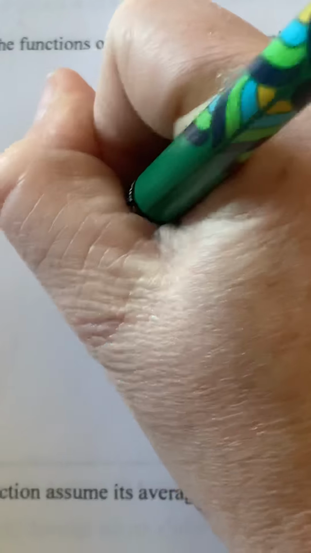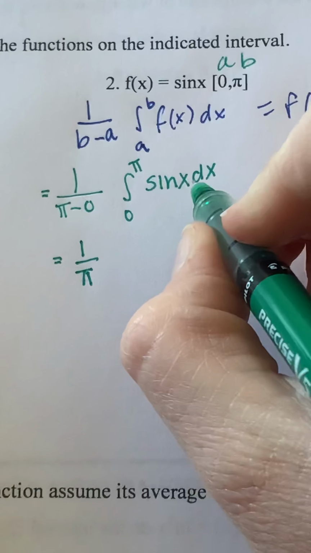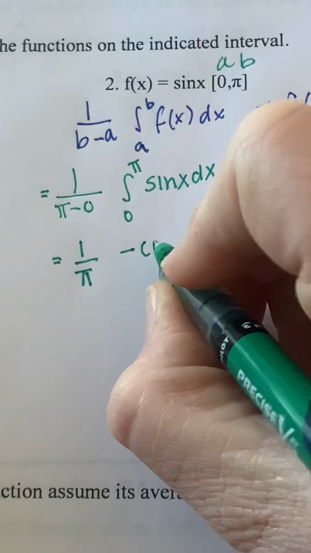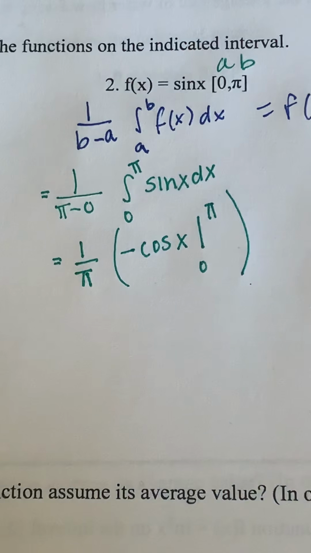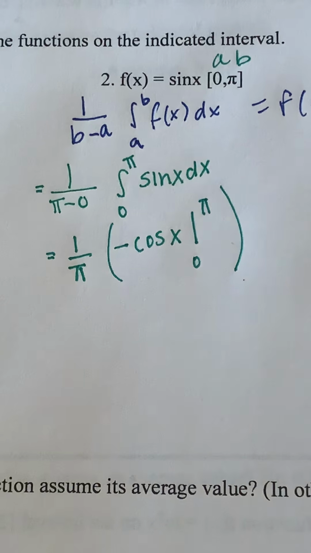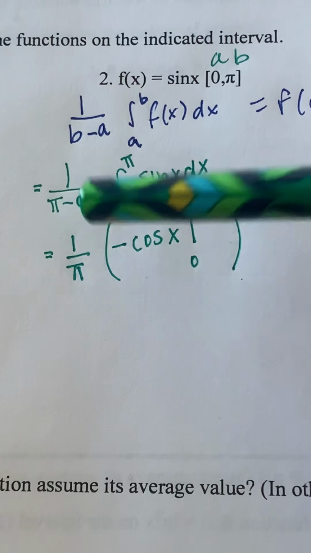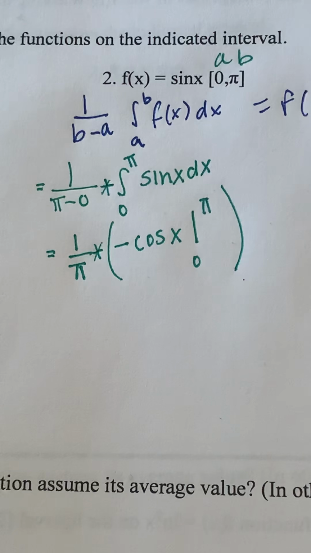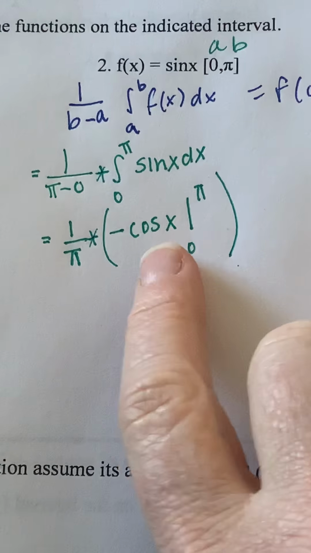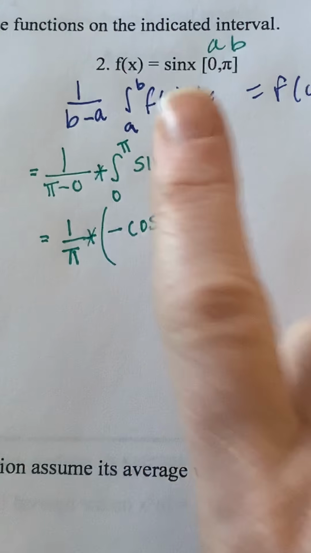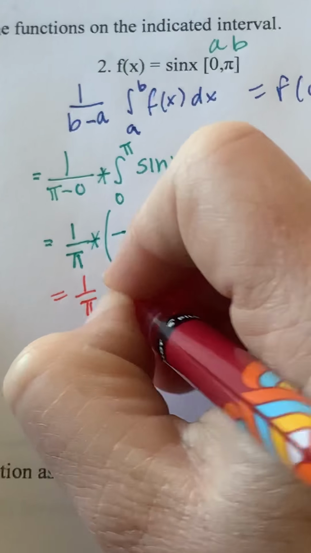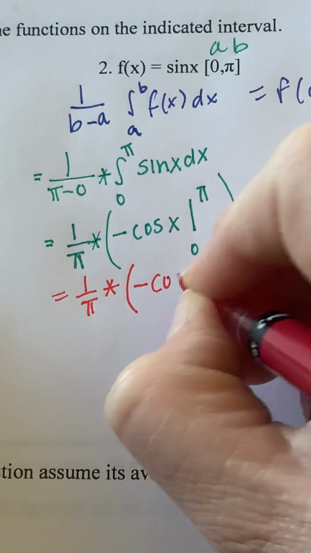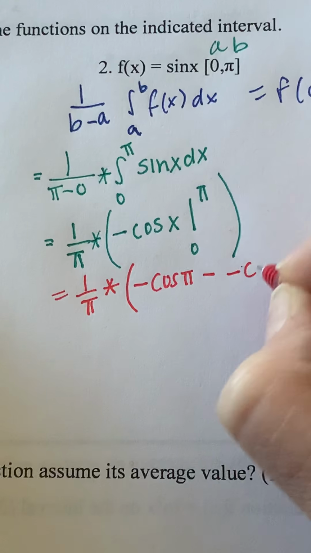which equals 1 over pi times the integral of sine x, which is negative cosine x. So make sure you times by the whole thing, because we're going to have to plug in the pi and the 0, and then we'll multiply it by 1 over pi. Okay, and take the derivative to check yourself, and you'll get the same thing. So this would be 1 over pi times negative cosine pi minus negative cosine 0.